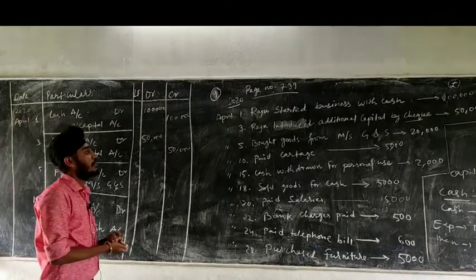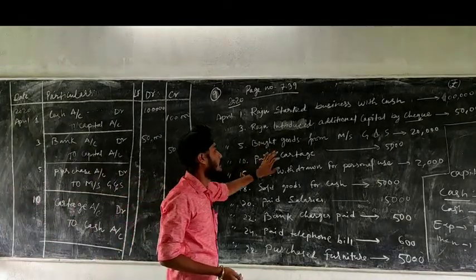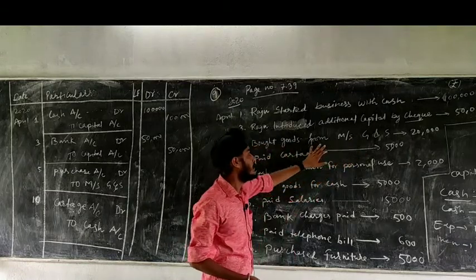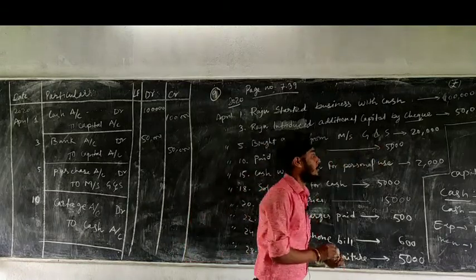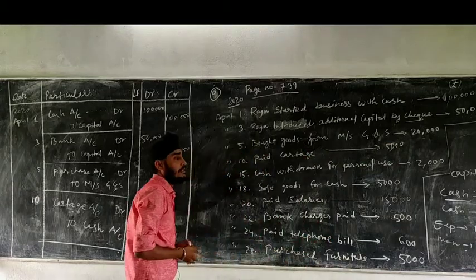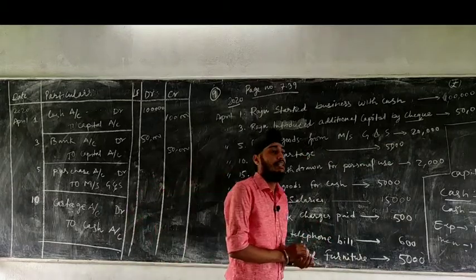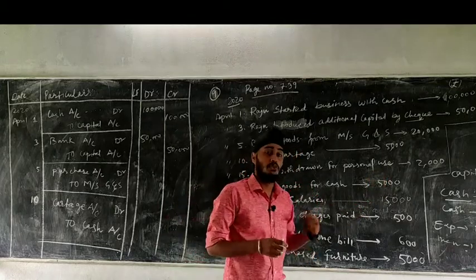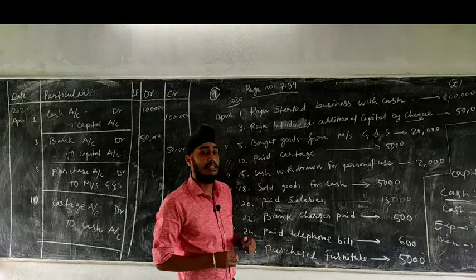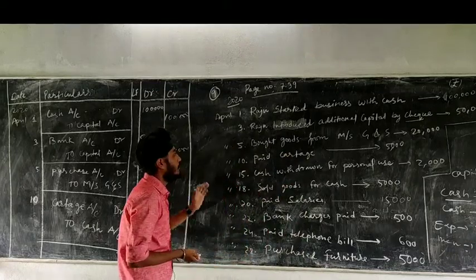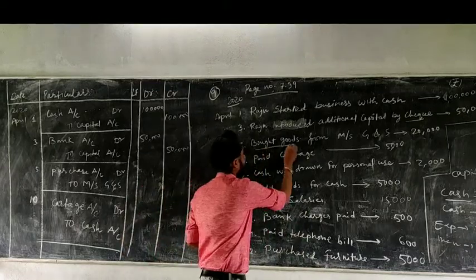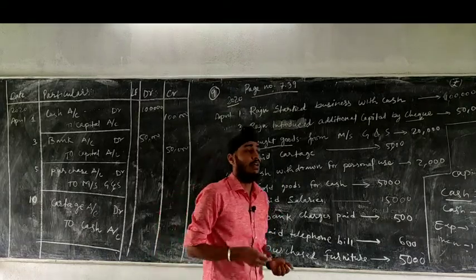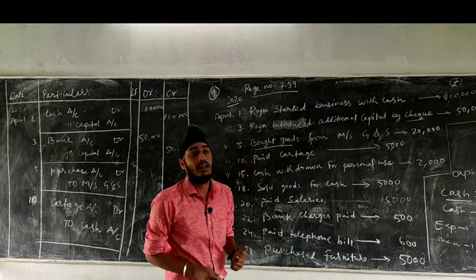Next one is April 5th. What was the transaction? Bought goods from MSG&S. It is one firm's name. So MSGS rupees 20,000 means goods were bought. Now as I have discussed about asset, when asset is increased, when asset is purchased, it will be debit, and when asset is sold out or decreased, it will be credit. Bought goods means goods were purchased. Now when machinery or furniture is purchased, we take machinery account, furniture account.